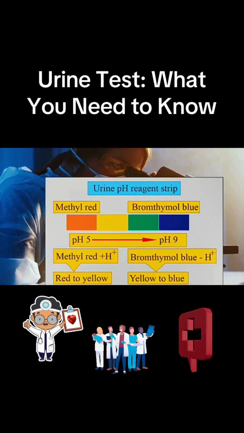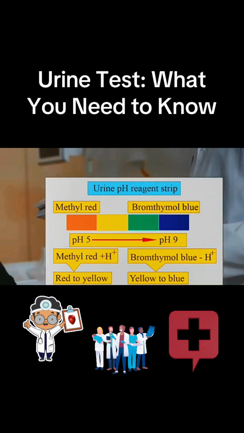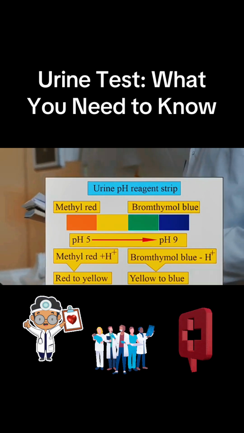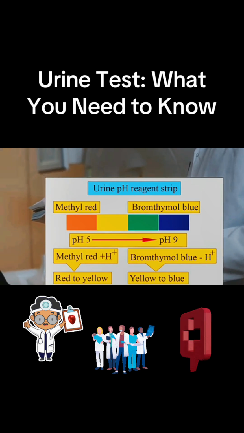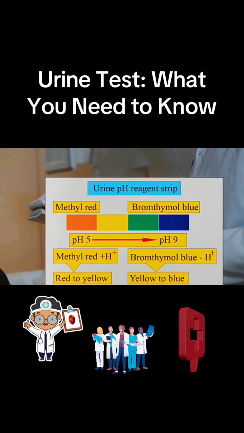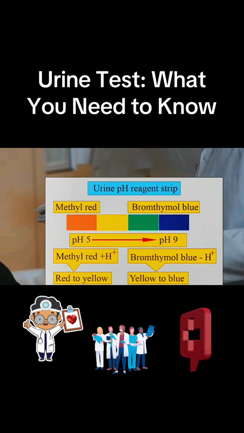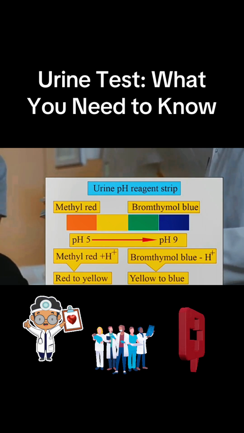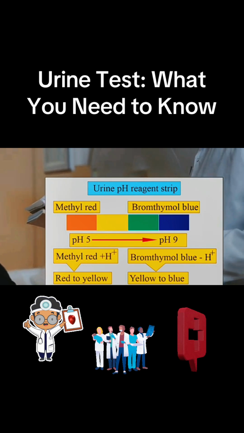Urine pH level test. A urine pH test measures the acid-base, pH, level in your urine. A high urine pH may indicate conditions including kidney issues and a urinary tract infection, UTI. A low urine pH may indicate conditions including diabetes-related ketoacidosis and diarrhea.